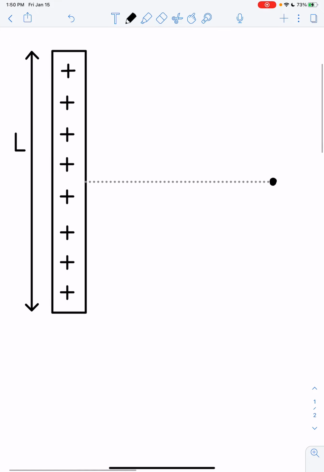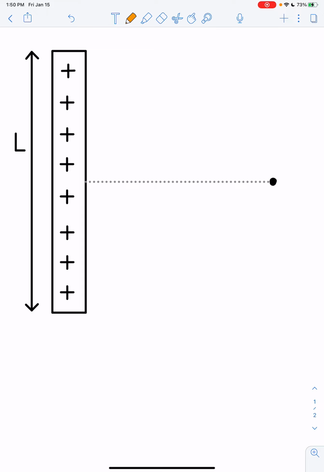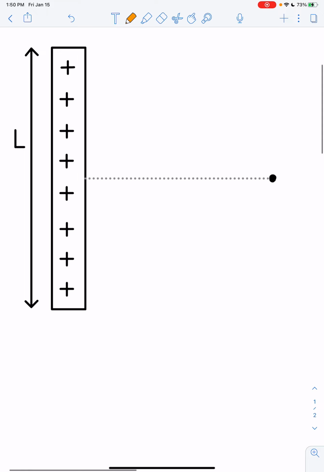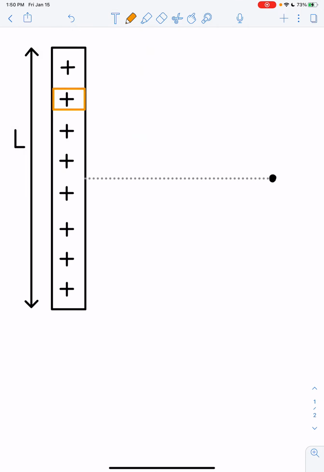Okay, so let's take a look a little closer. We'll pick a different color. Let's say that we want to look at the impact of this area here. We could say that this is some sort of dq. So we've got a section of this extended object and it's going to have a relatively small amount of charge.